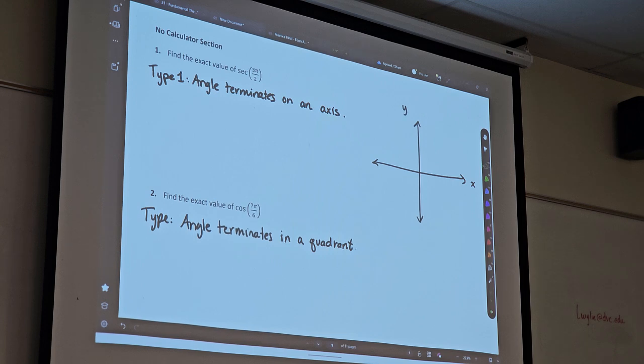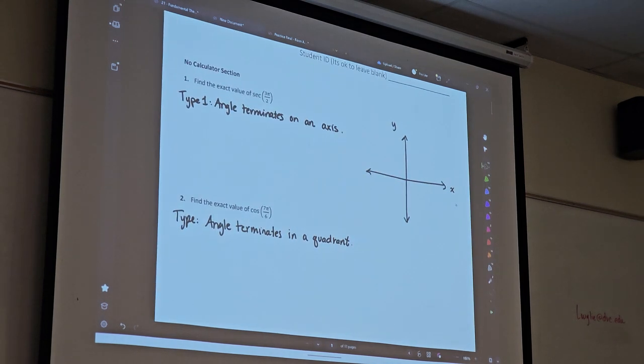X, y, right? I'm gonna erase the x and y. Here is an angle of 0, there's nothing to draw there. Then up here, this is where 90 degrees terminates. 180 divided by 2 is 90, pi halves, we're working in radians.